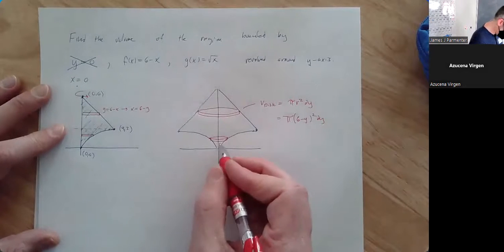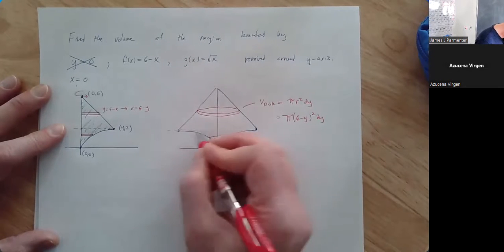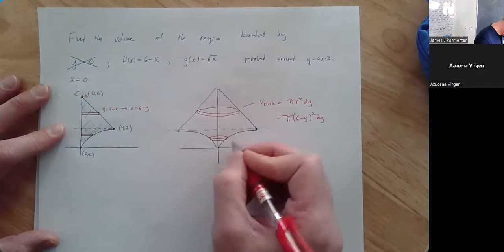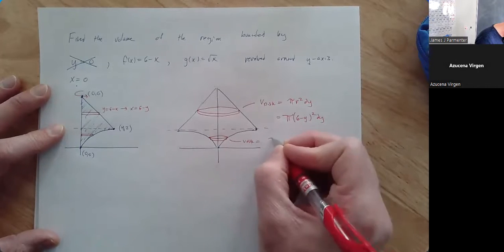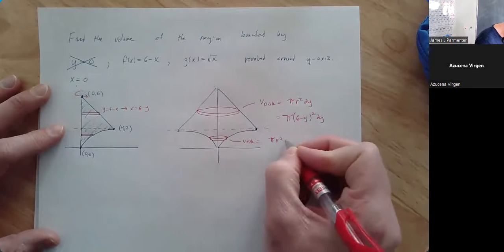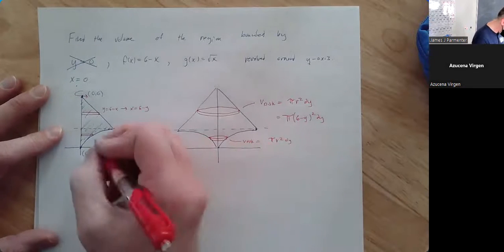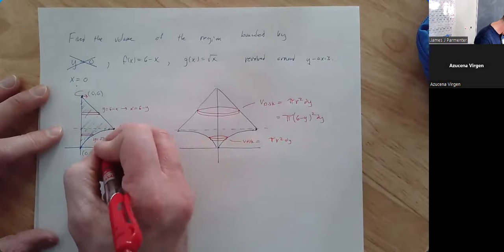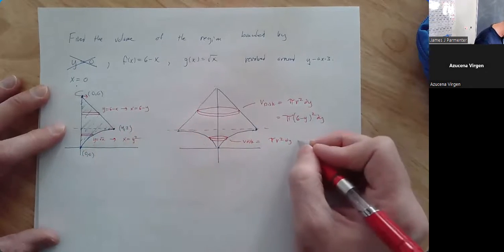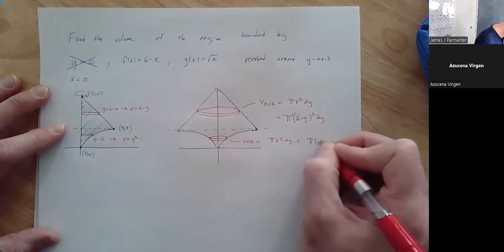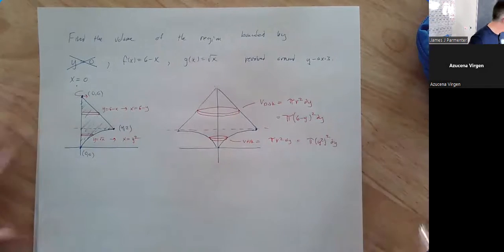Whereas down here, below this breaking point, the volume of this disk is also pi times the radius squared dy. But this radius, that function is y equals the square root of x, or x equals y squared. So that's going to be pi times y squared dy.